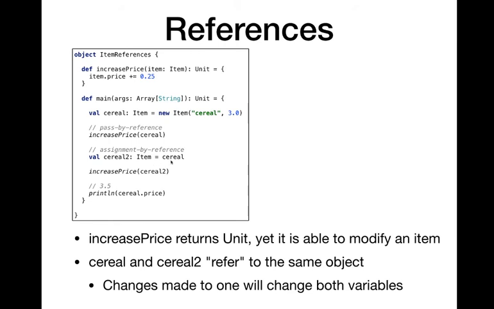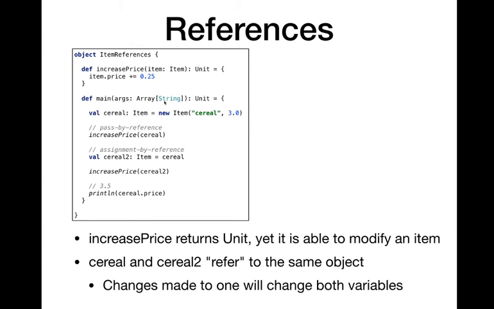If I want to create a new value, cereal2 of type item, and assign it cereal, I'm making an assignment by reference. All I'm assigning is the reference. I'm not creating a new item. I'm just saying cereal2, you should refer to the same item as cereal.